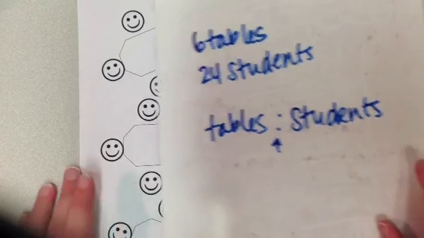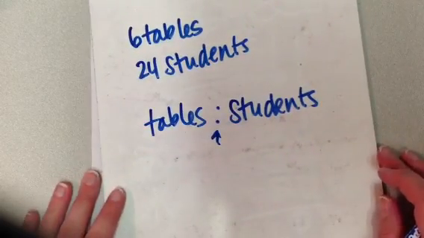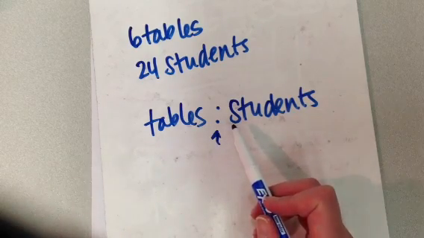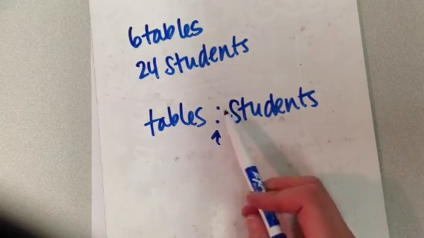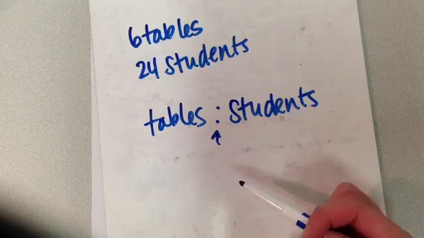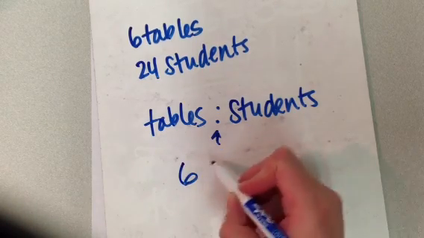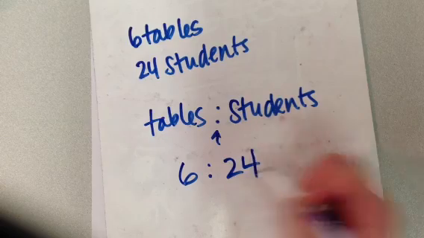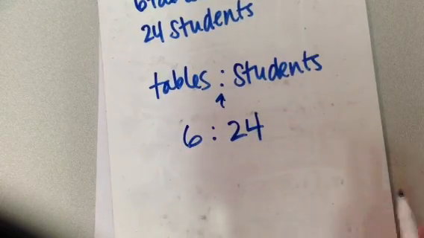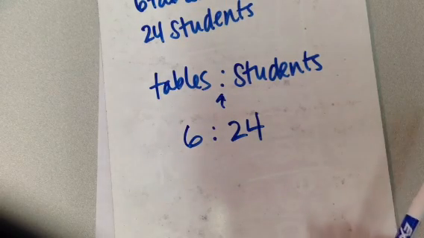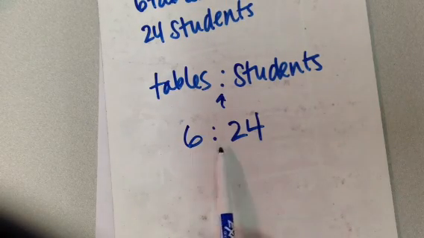I would put in this little colon. It's a ratio symbol in math. It's the sign of a ratio, but in writing, it's a colon. They're one and the same. So the ratio of tables in my classroom to students is 6 to 24. And that's how I would say it too, 6 to 24.